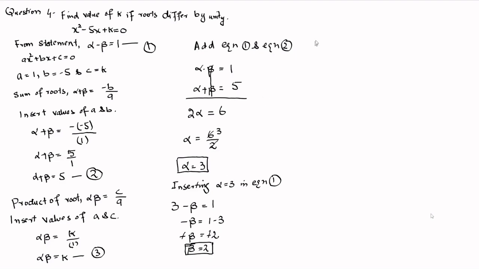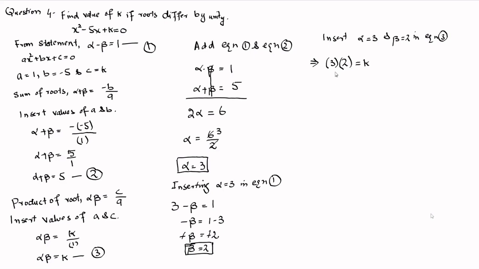Now we will insert alpha is equal to 3 and beta is equal to 2 in equation number 3. So equation 3 implies that alpha 3, beta 2 is equal to k.